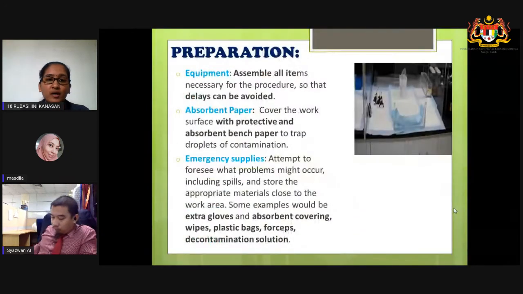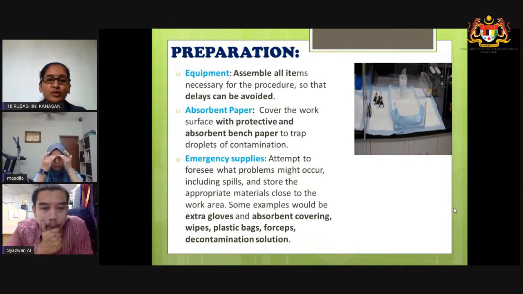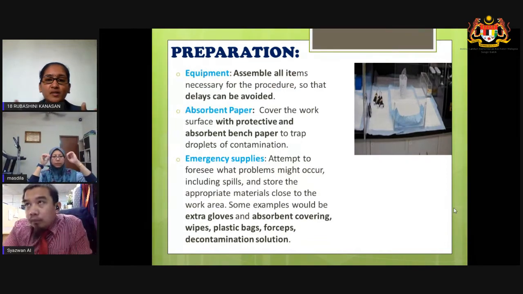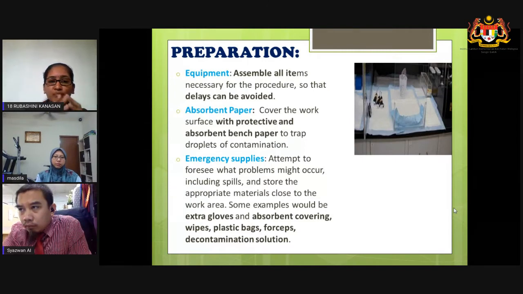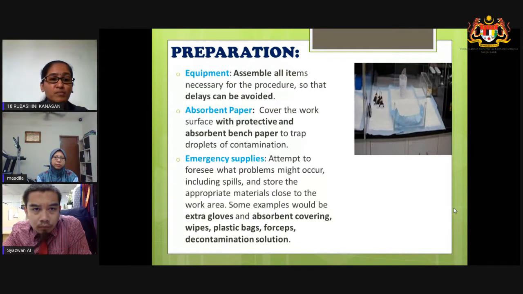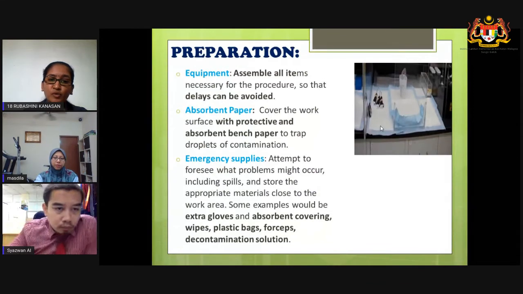Okay, for the preparation equipment, we should assemble all items necessary for the procedure so that delays can be avoided. One measure we can take is to reduce the time frame of our exposure to radiation. So we should already assemble the items, whatever we need, in one place, so we won't take a long time to look for the materials since the radioactive agent is already there. For the second one, absorbent paper to cover the work surface with protective and absorbent bench paper.